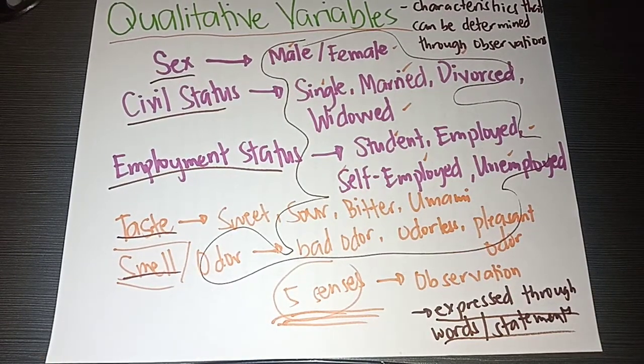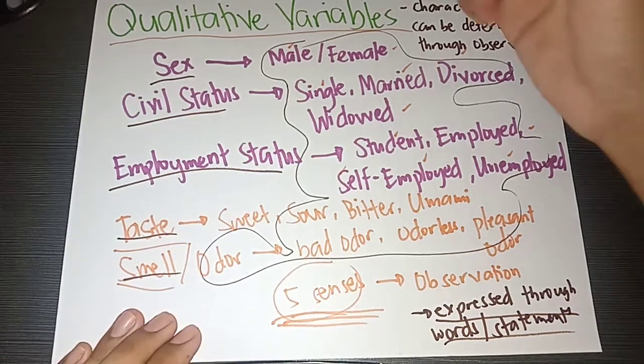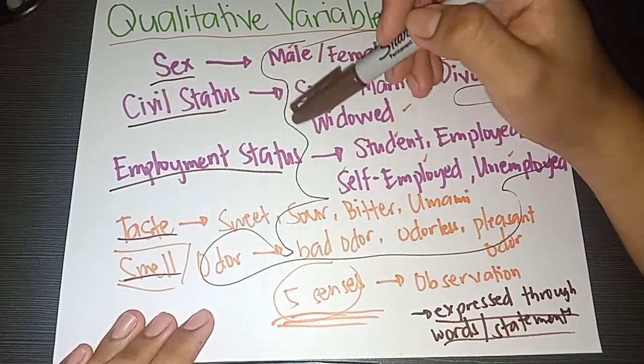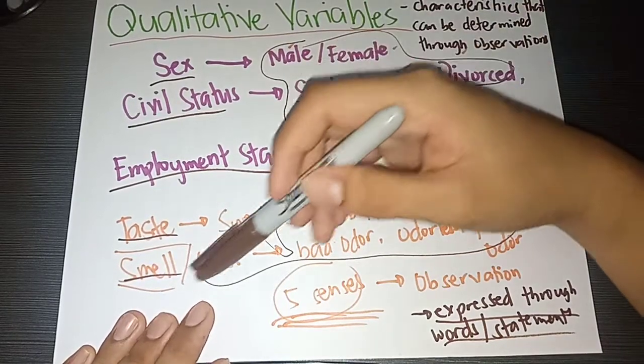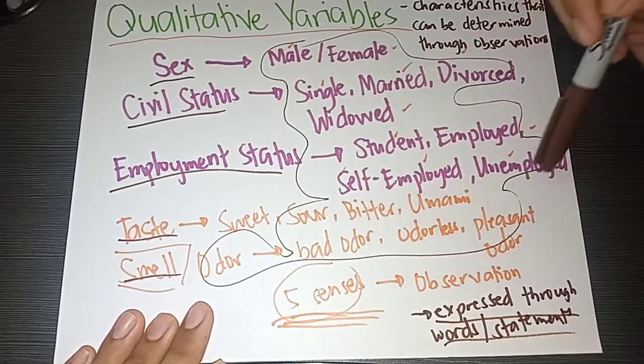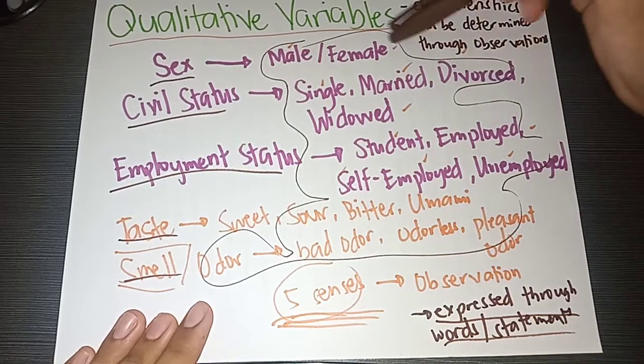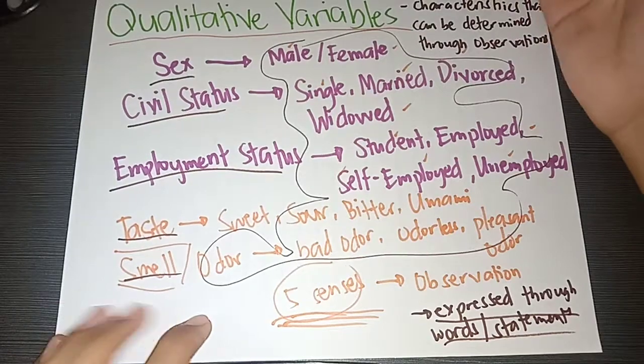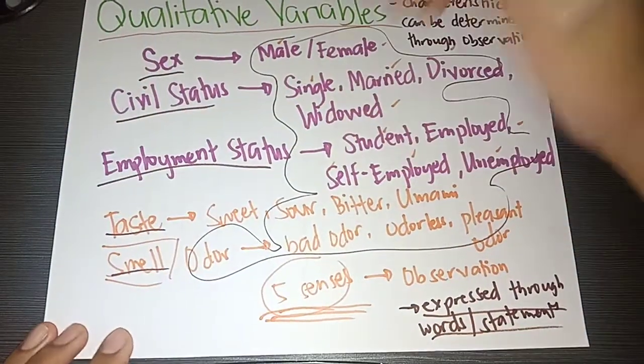And lastly, how do we observe these possible values? If they are in the form of words or statements, can we say that they are measurable? Of course, the answer is no. They are not measurable.